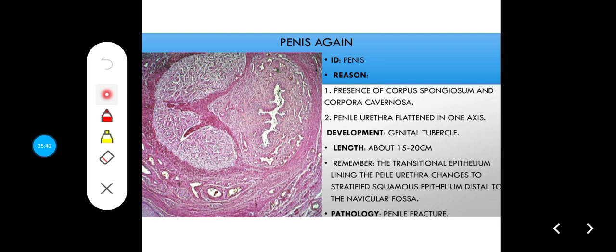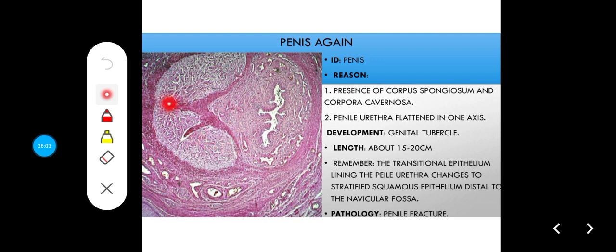The development is from the genital tubercle. The length is about 15 to 20 cm. Remember the transitional epithelium lining the penile urethra changes to stratified squamous epithelium distal to the navicular fossa. The pathology is penile fracture.